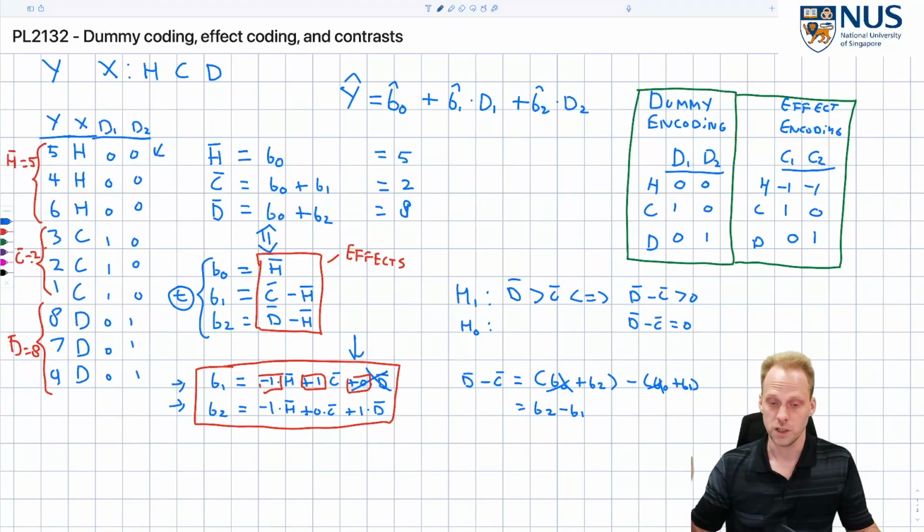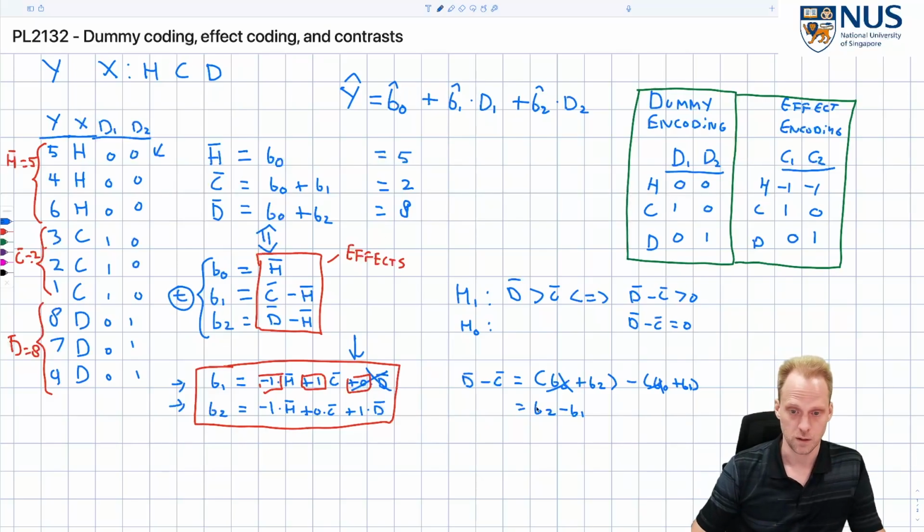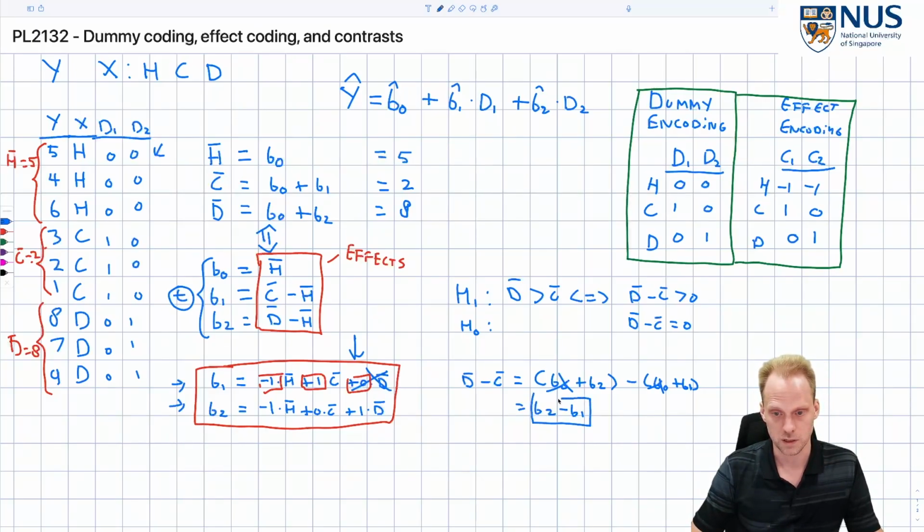So we see now that B2 minus B1 is actually encoding the effect of interest, namely dogs minus cats.